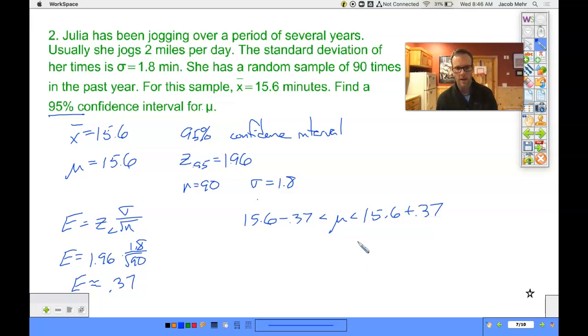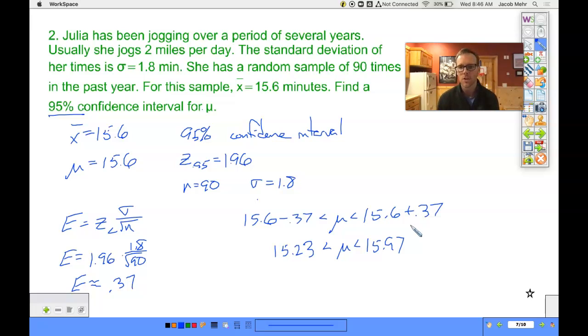And when we do that, what do we get? 15.6 minus 0.37, 15.23. And when we add, we get 15.97. This is our 95% confidence interval for the population mean.